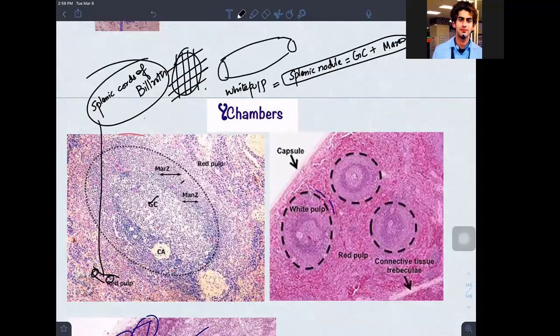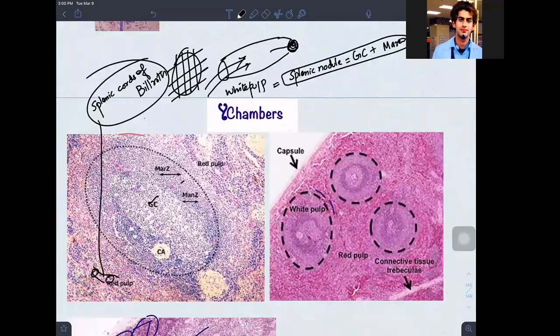Things to enter should enter from a broad area, and things to leave should leave from a smaller narrow orifice. So the one that is not able to bend itself cannot leave, because RBCs should be able to bend because of their structure, spectrins and all that. Flexibility should be there. So if they are not flexible, that means they are old, and old should be eaten. So in cords of Billroth, you have those macrophages which will eat them. That's why they are present in the red pulp.